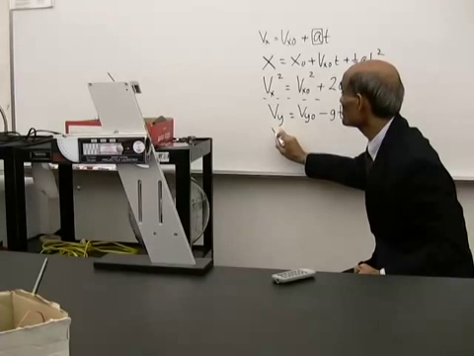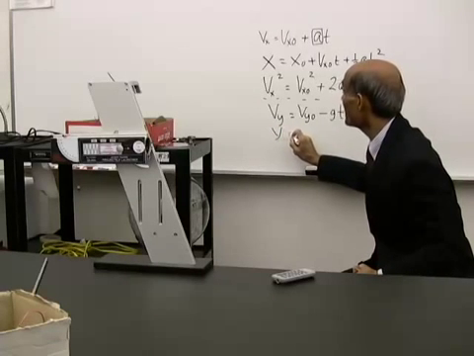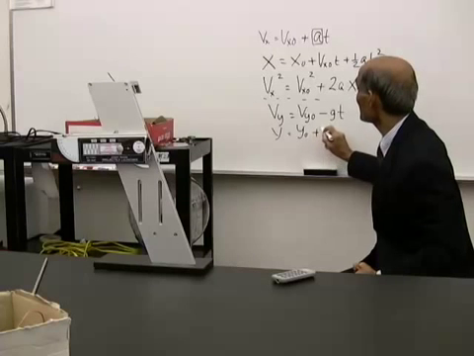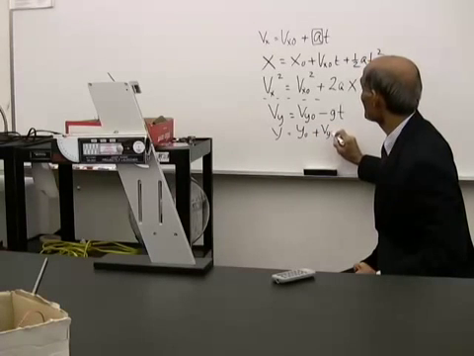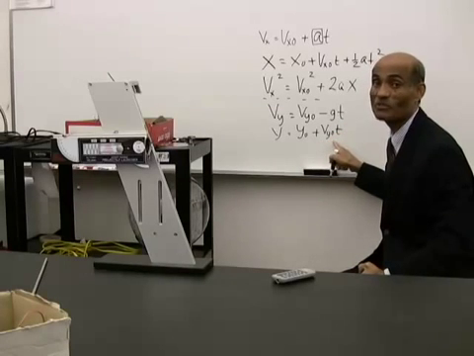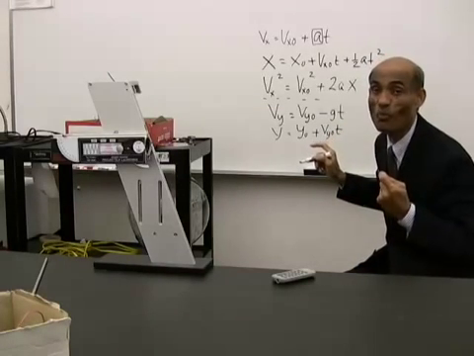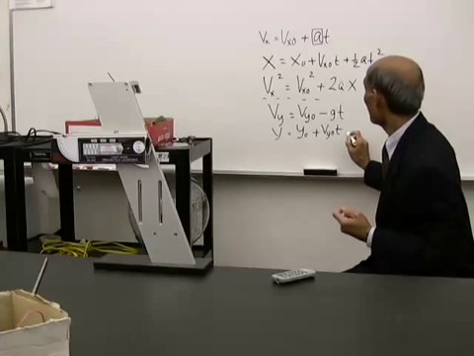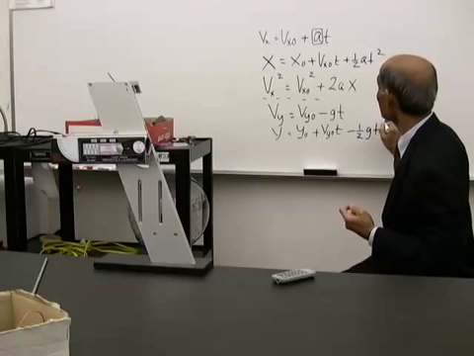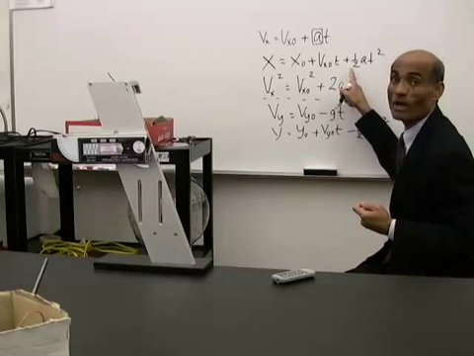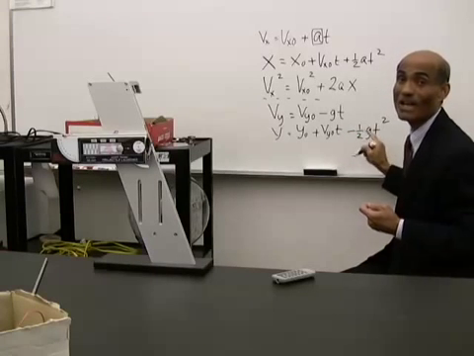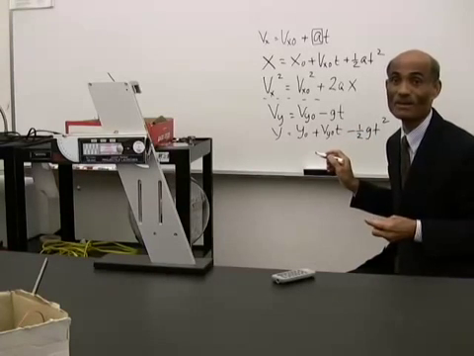And the displacement equation: y equals y0 plus Vy0t. What does Vy0 stand for? The initial y velocity. Then minus 1/2 gt squared, since plus 1/2 at squared becomes minus 1/2 gt squared.